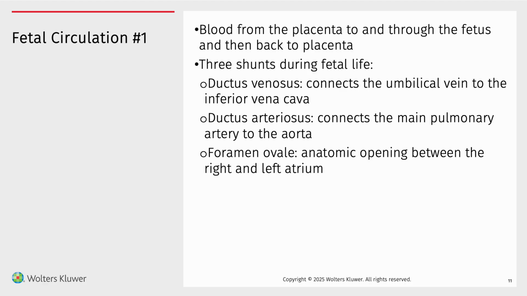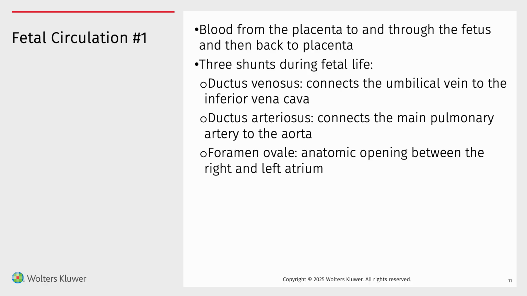So, where does the fetus get its oxygenated blood from? The placenta. Okay? Blood flows from the placenta through the umbilical vein, enters the fetal circulation, delivers oxygen and nutrients, then returns to the placenta via the umbilical cord.